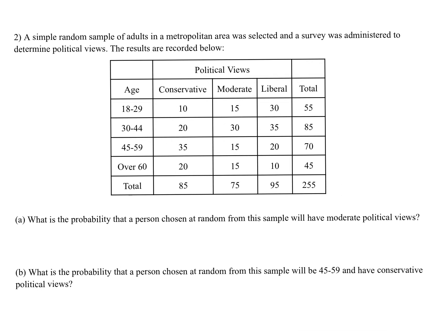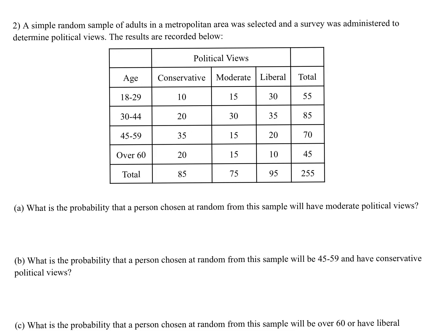Next, we have a table of information about adults in a metropolitan area and their political views. So we've broken it down by age and then the political view. So the first question is, what is the probability that a person chosen at random from the sample will have moderate political views? So that means we're going to look at the total of moderate.